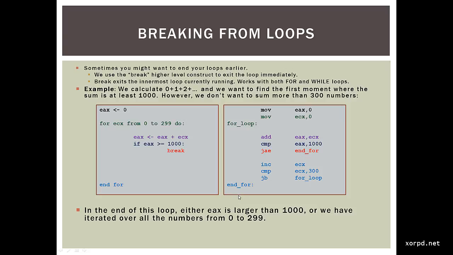Maybe you would like to compare EAX with 1000 just to make sure that the total summation is bigger than 1000. Because in the end of this loop, there are actually two possibilities for termination of the loop. Either EAX is larger than 1000, or we have iterated over all the numbers from 0 to 299.